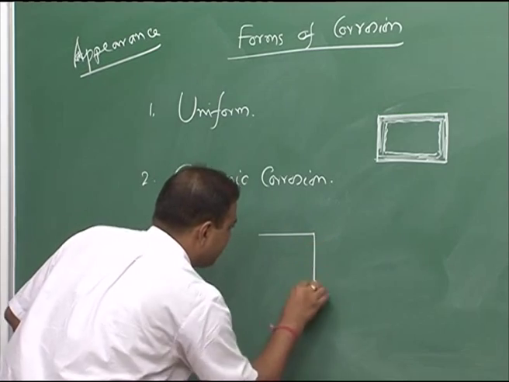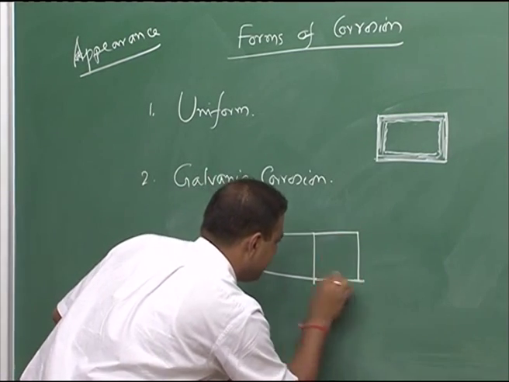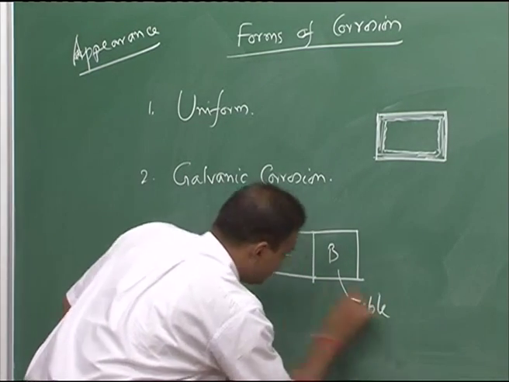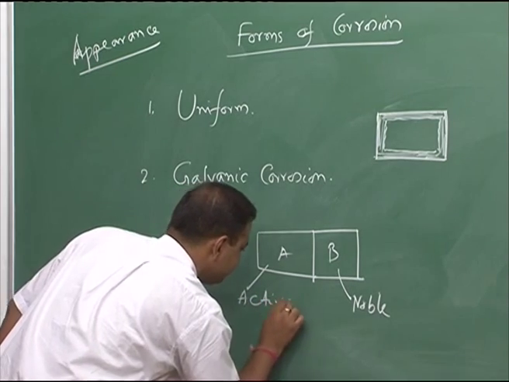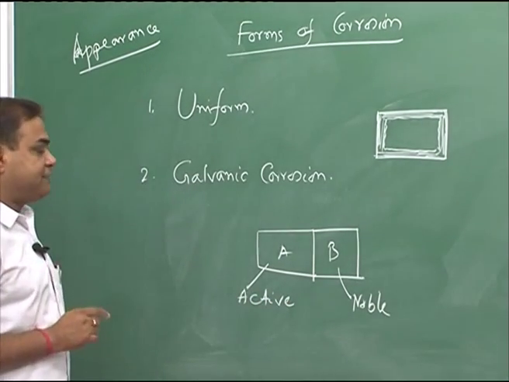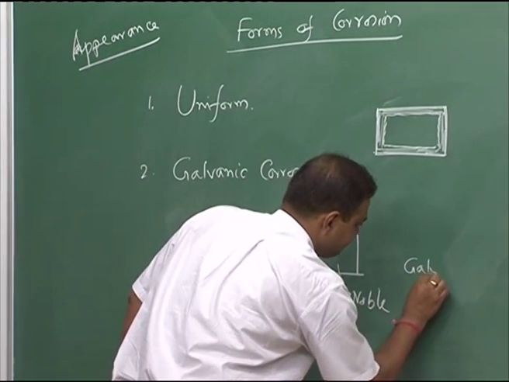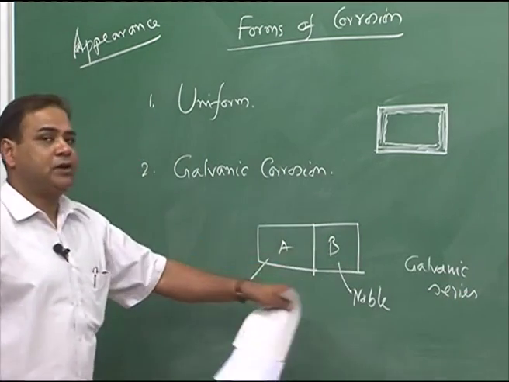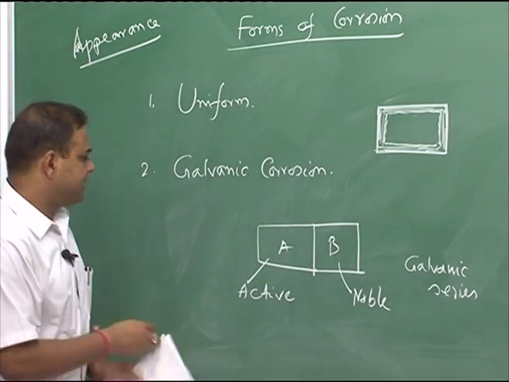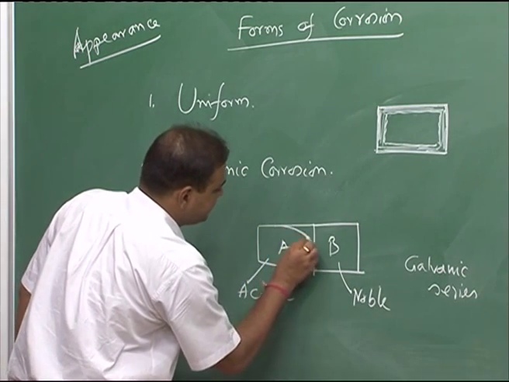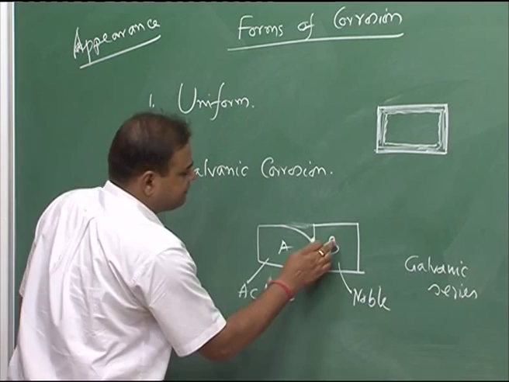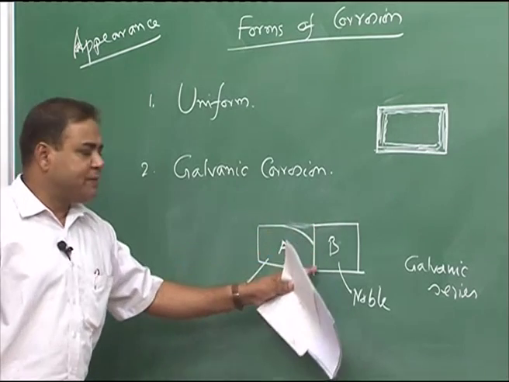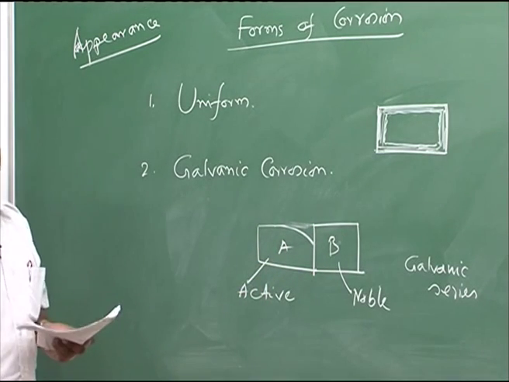Let us say this is one metal, A, and this is B, and if B is noble and A is active in the galvanic series in that particular corrosive medium, then the active metal will corrode gradually and the noble metal will remain intact.